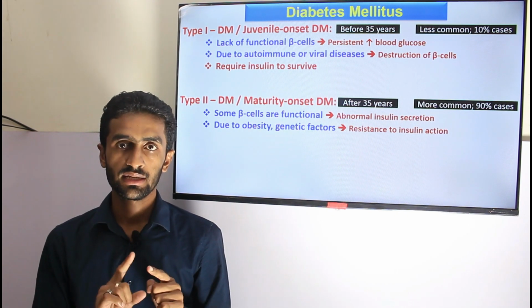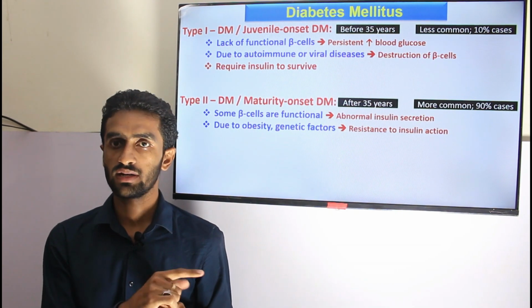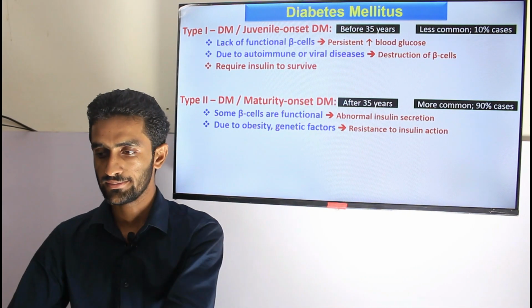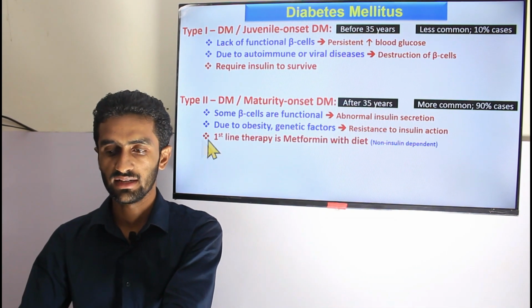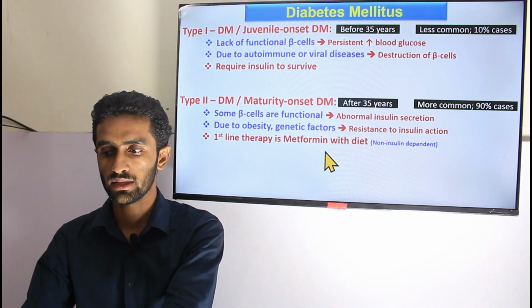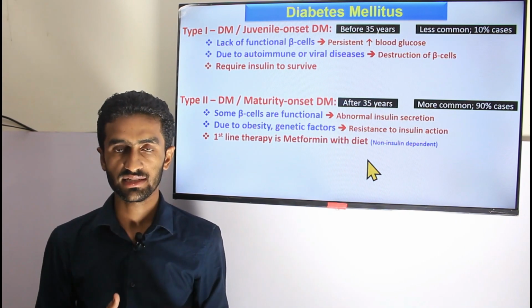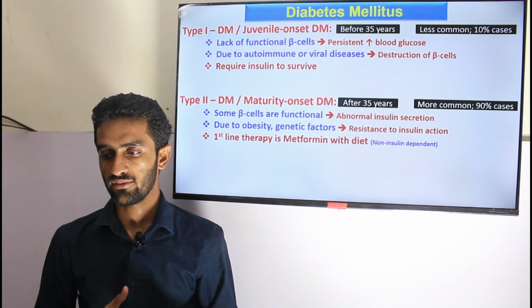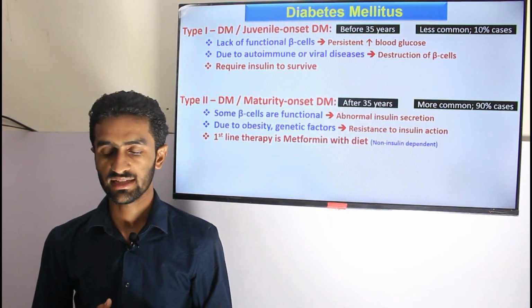But you should consider that the genetic factor is associated with type 2, not with type 1. Okay. And in the early stage, we start with the first line therapy, which is metformin. So we should consider some diet regulation, follow the diet chart and exercise.